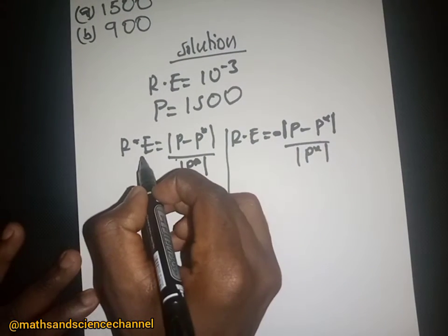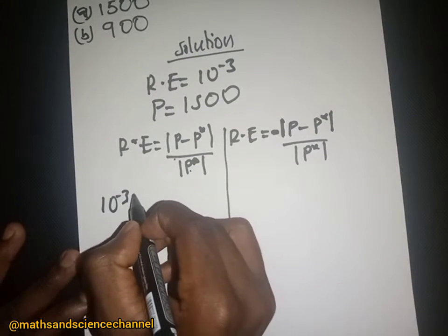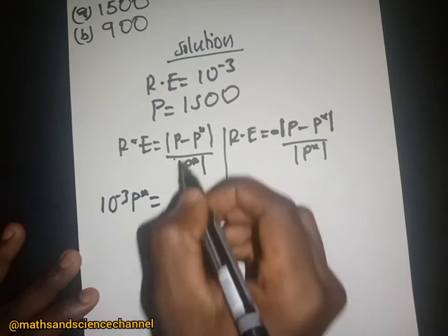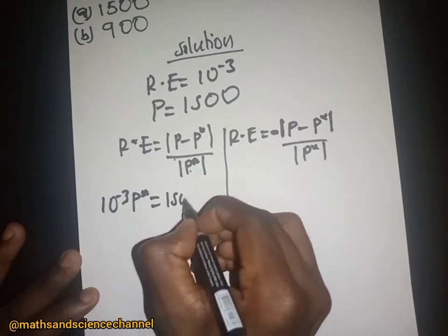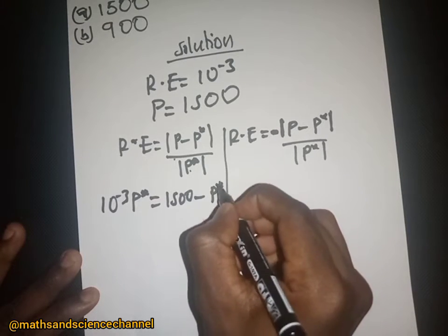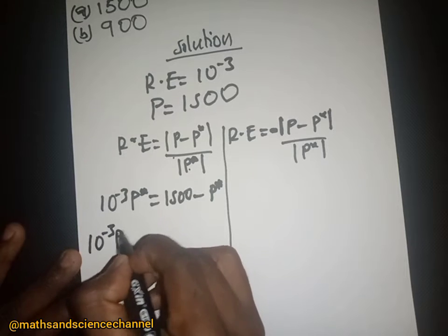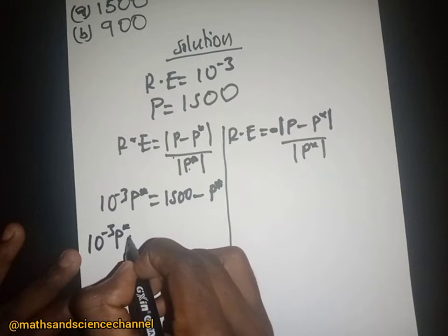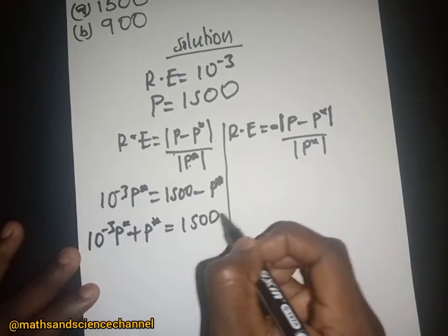So we have relative error as 10 to the power minus 3, multiplied by P star, equal to P, which is just 1500, minus P star. So we are looking for P star. Over here we have 10 to the power minus 3 P star, and the minus P star crosses and becomes positive P star, equal to 1500.